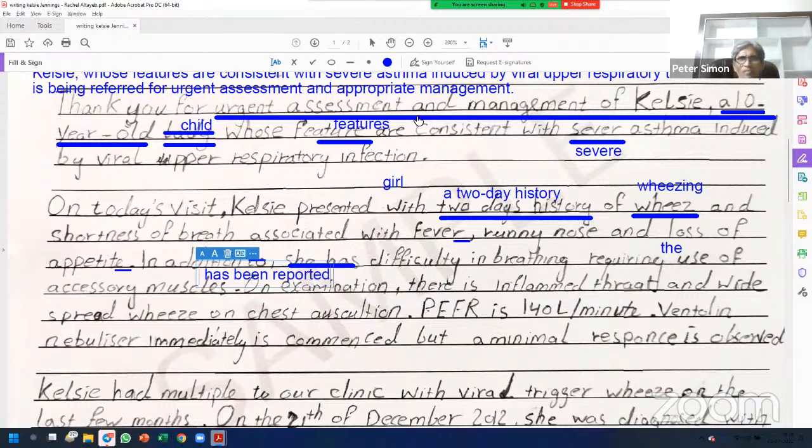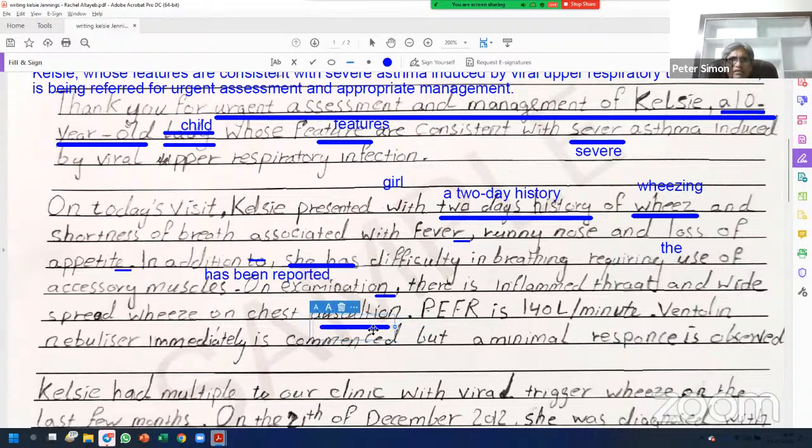On examination, no space before the comma. After the comma, space. On examination, there is inflamed throat and widespread wheeze on chest auscultation. Auscultation, spelling mistake.